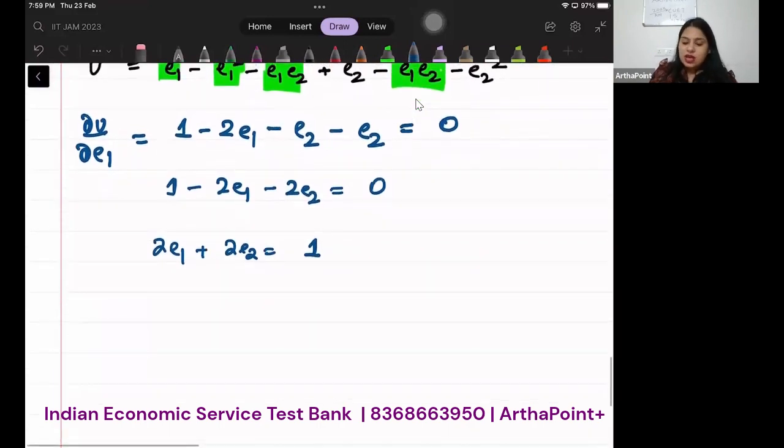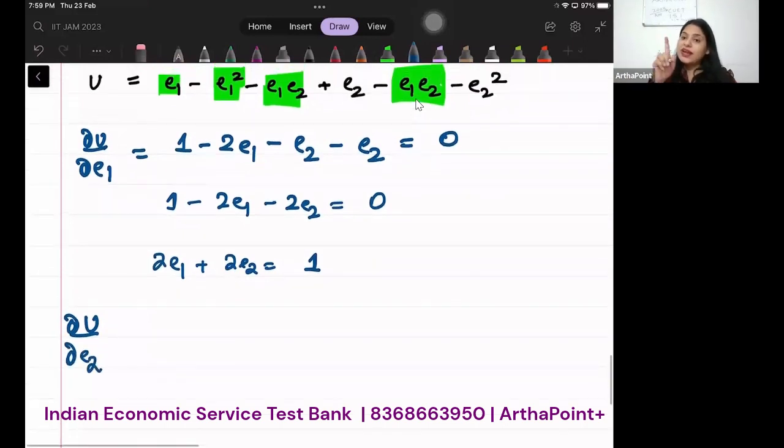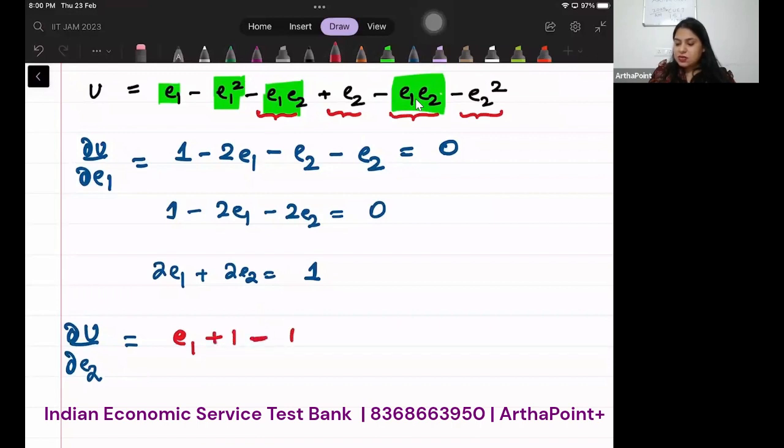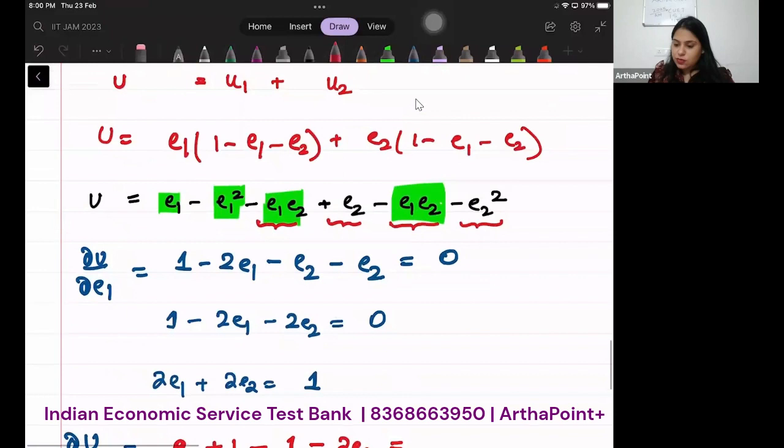Now just think about this. When you differentiate it with respect to E2, you will also get the same equation. Let's check this. If we differentiate with respect to E2, I will differentiate this, this, this, and this. Have we done something wrong?